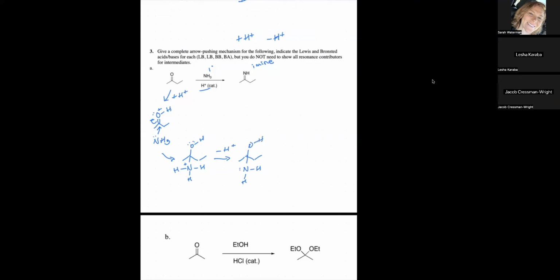OH. Okay, so we've stabilized that. Now we need to make oxygen actually go away, so we add another hydrogen to make it a good leaving group. Then these go here, water says bye-bye.